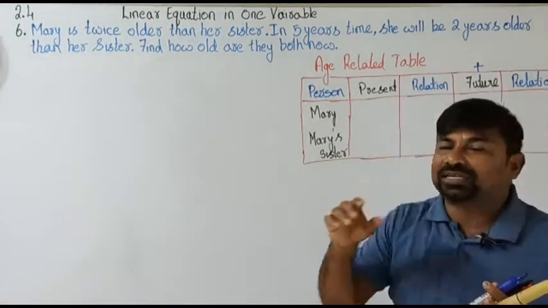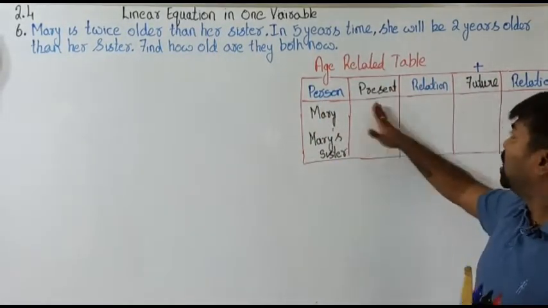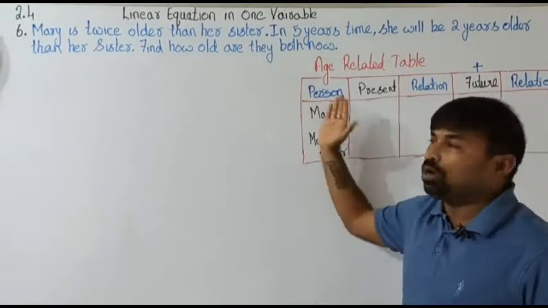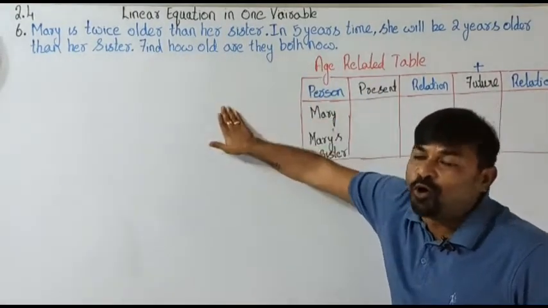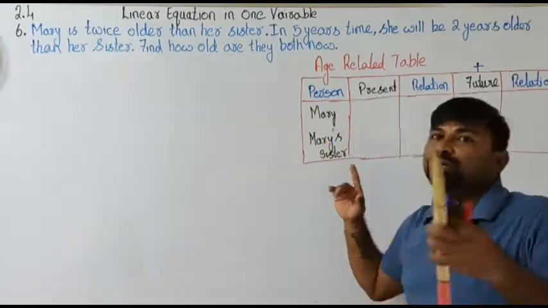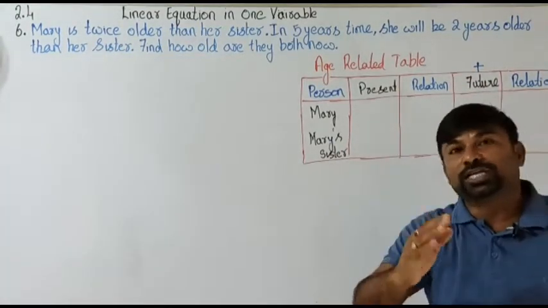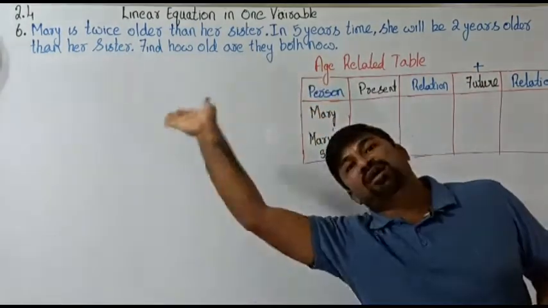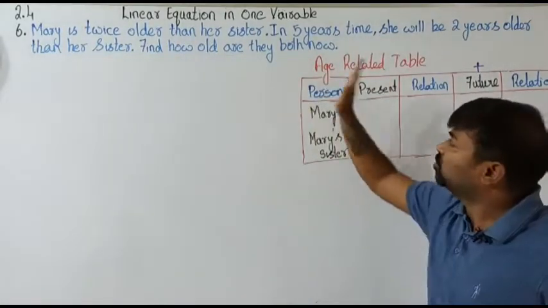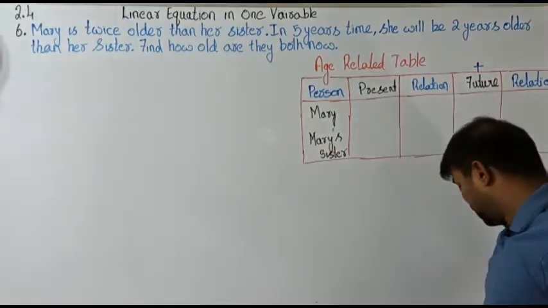Generally, it's easy for us to set a table like this, and if it is the future, we take forward. But if it is the past, before, then we take minus. As we are talking about the future, you have to remember the relation is plus. If it is something like in the past 5 years, from the present we have to go to the past, and it becomes minus. Hope you are able to understand.